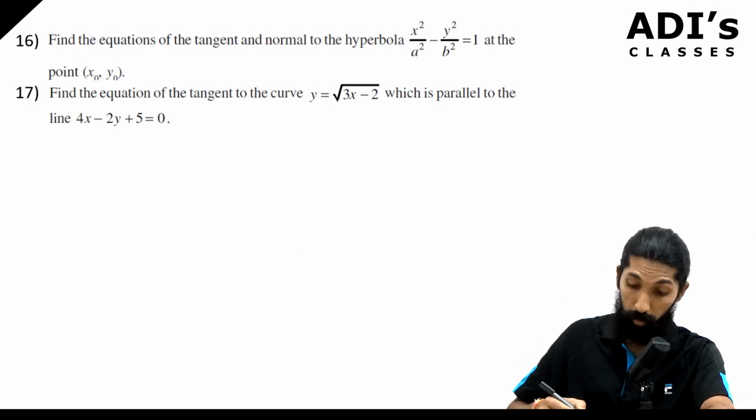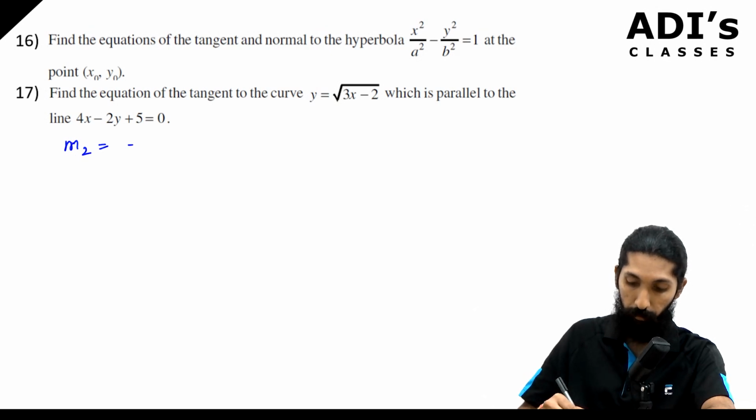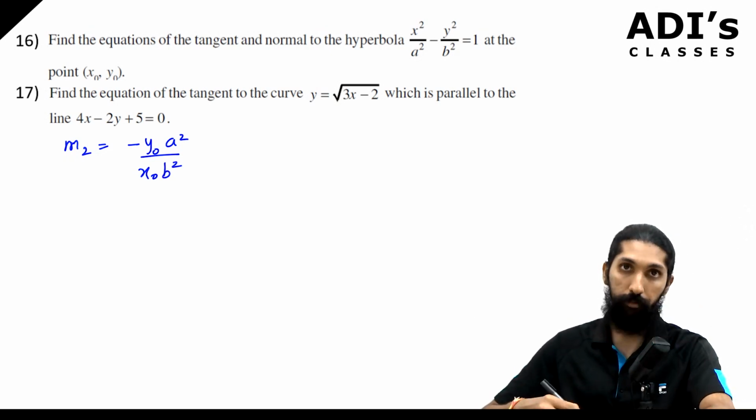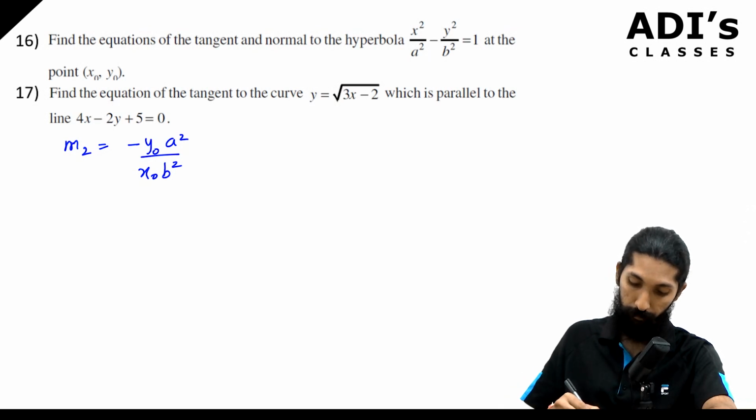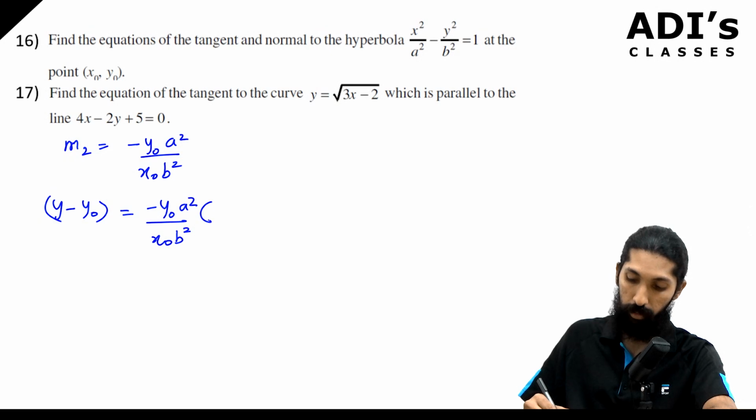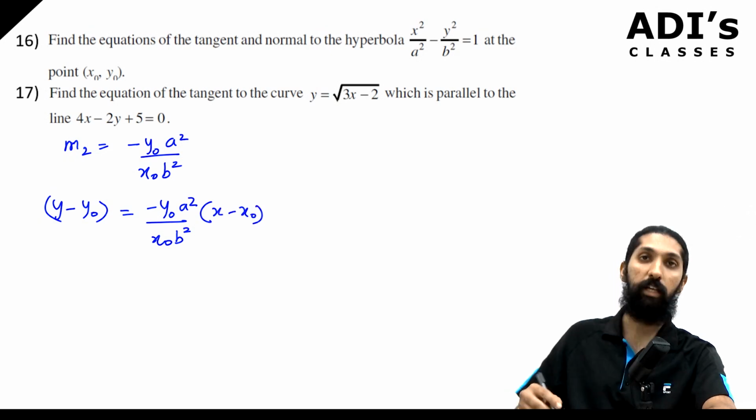The slope of the normal, so m2, is going to be minus y naught a square by x naught b square. Correct? Negative reciprocal. So you're going to have y minus y naught is equal to minus y naught a square by x naught b square into x minus x naught.